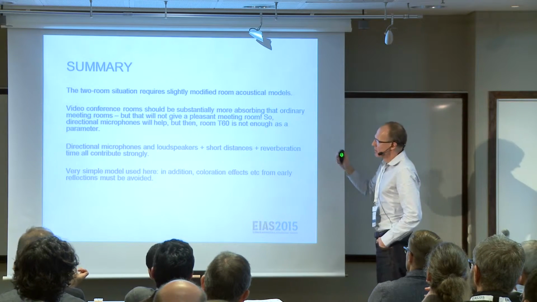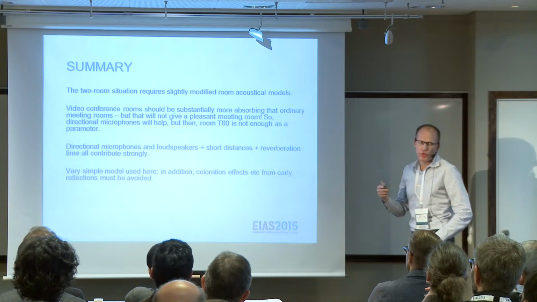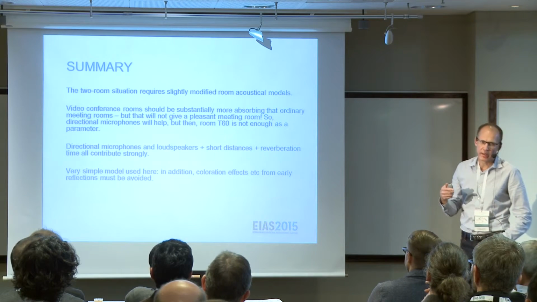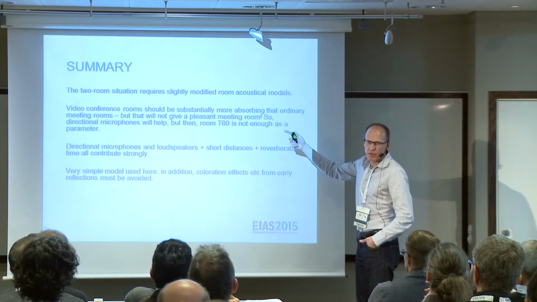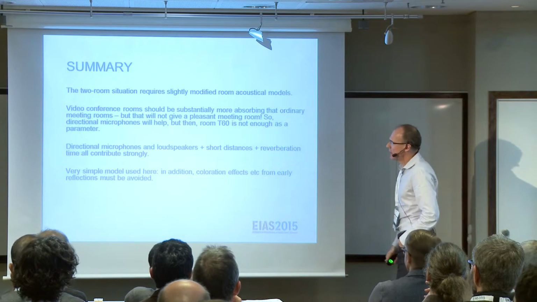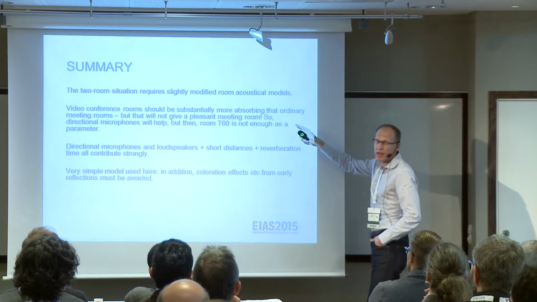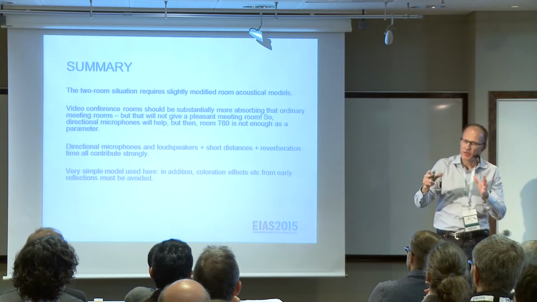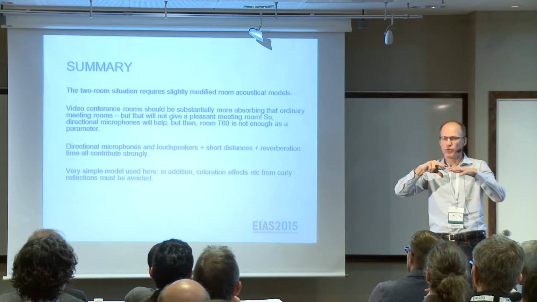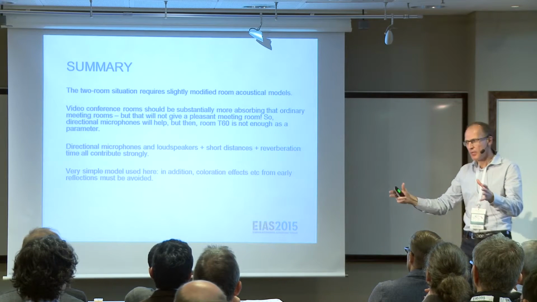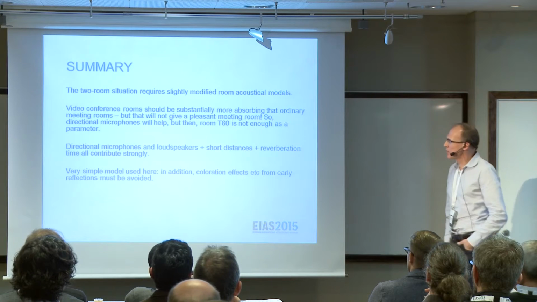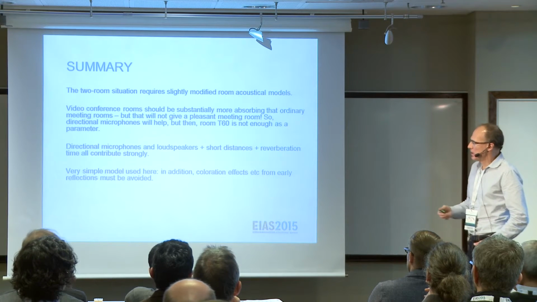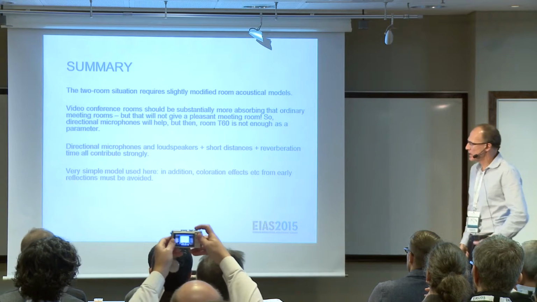Video conference rooms probably do need to be more absorbing than ordinary meeting rooms, but not too absorbing, because that would not give a pleasant meeting room. Directional microphones will certainly help, but then we have this slightly tricky situation that the room must be specified by itself, but in addition, the video conferencing equipment has to be specified separately from the room.